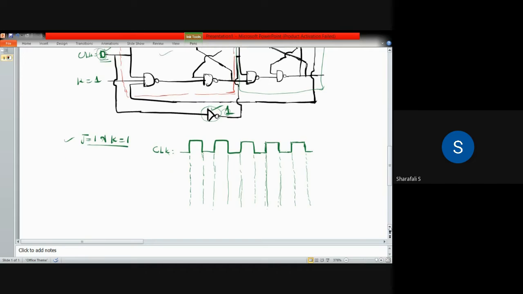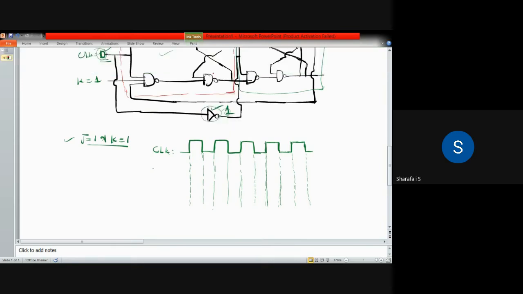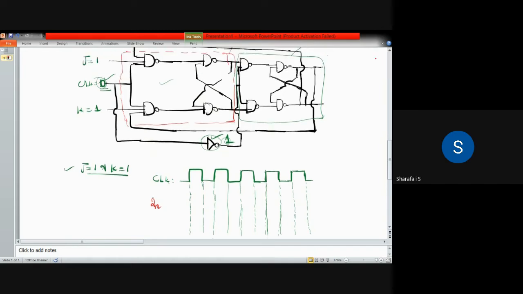So if you consider Qn here, how will be the Qn? Qn is the output. So let us first consider the master and slave.